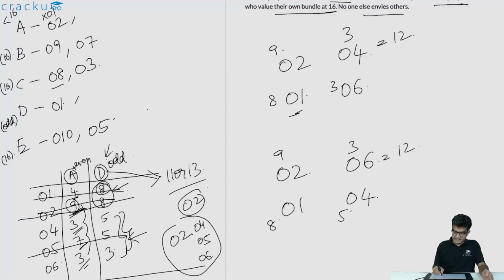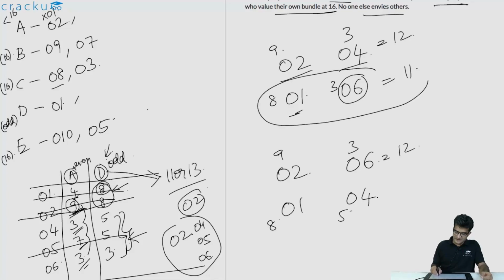Now if Disha is actually getting O6, which she doesn't value very highly, and if Amar is getting O2 and O4, in this particular case Disha's sum is 11. But let us try to calculate how much Disha values O2 and O4. Disha values O2 at 8, and O4 she values at 5, that is 13. So in this first case, Disha is now envious of Amar. So this is not possible.